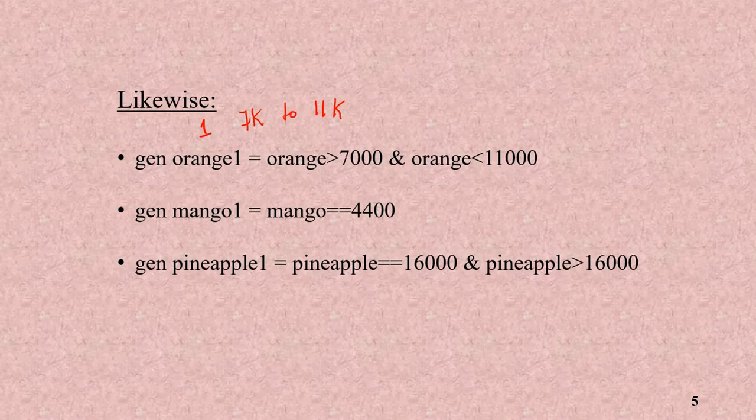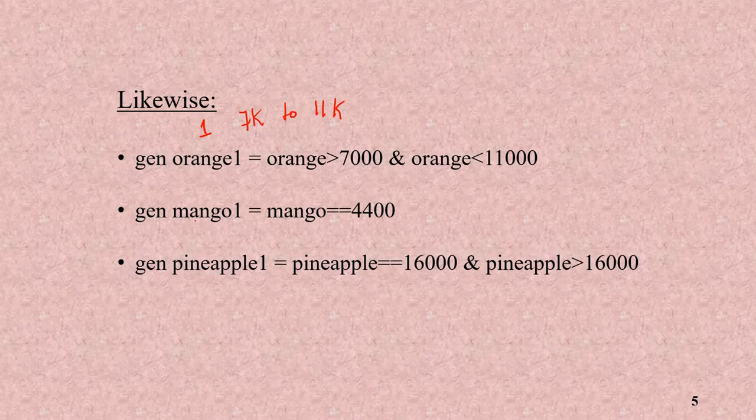So, if we click enter, then it will automatically create a new variable orange1, where it will take 1 if the area under orange cultivation lies between 7,000 to 11,000, or 0 otherwise.